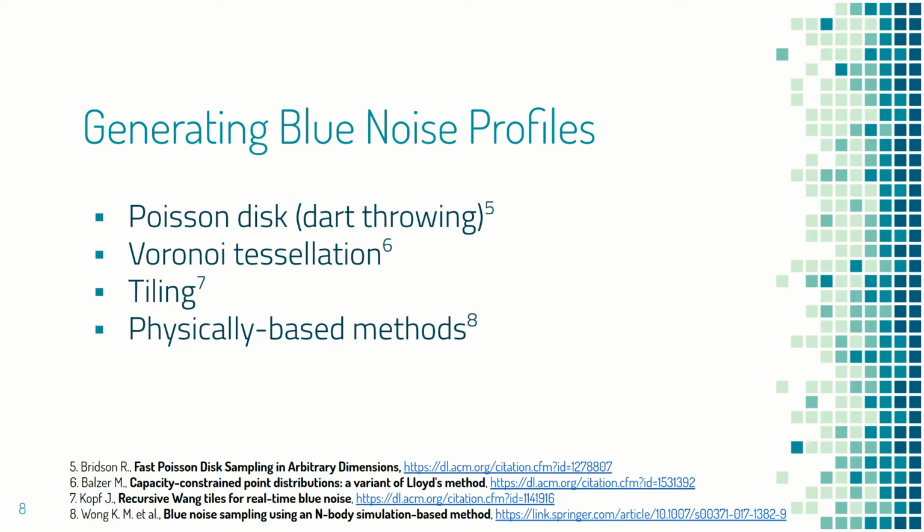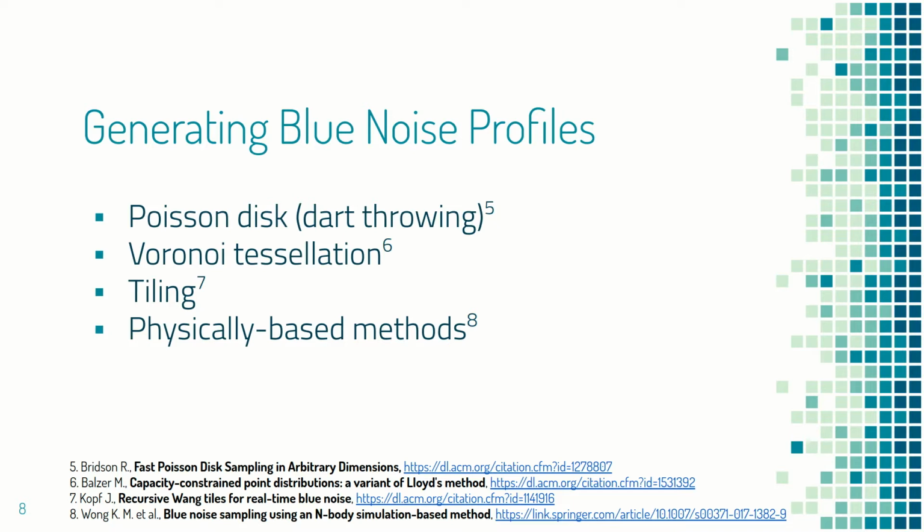And you keep doing this until you've discarded quite a few in a row. And then you shrink your radius of closeness. And that's the algorithm for Poisson disk noise generation. There are also other methods involving Voronoi tessellation, Wang tiling, or other types of tiling methods.